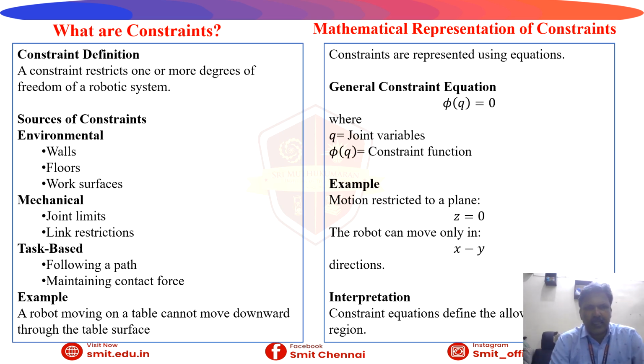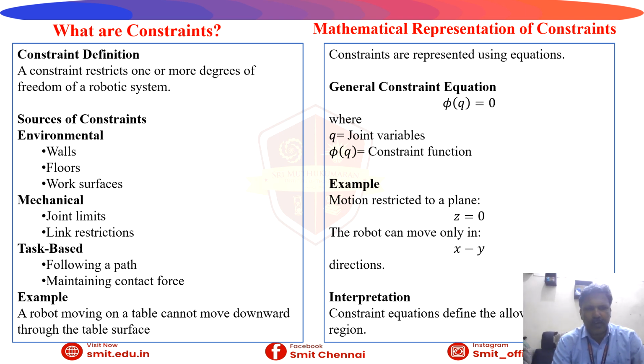Then what are constraints? Constraint definition: a constraint resists one or more degrees of freedom of a robotic system. Sources of constraint: environmental, that is walls, floors, and work surfaces; mechanical, in terms of joint limits and link resistance; and task based, following a path and maintaining contact force.